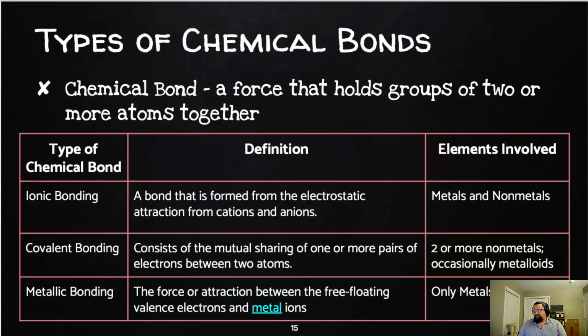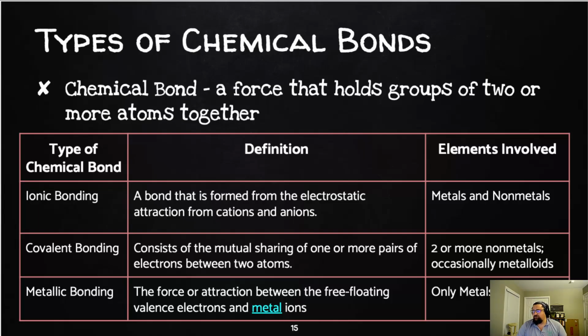But if we have two singular ions, two monoatomic ions, one will be a metal, one will be a non-metal, and that'll be an ionic bond. Covalent bonding, which we'll get into later, will be two or more non-metals, and the metallic bonding is between metals.